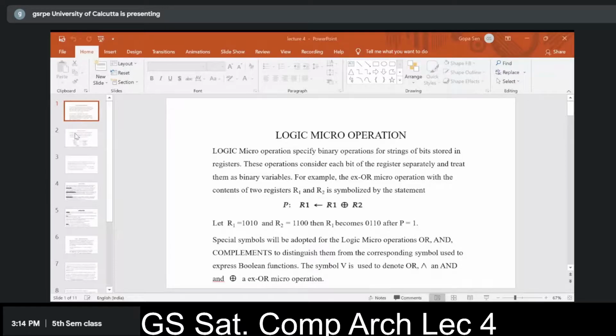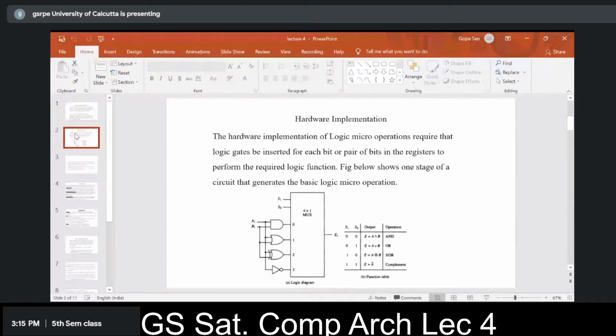Now how will we be able to execute any one of these logic micro operations? So what will be the hardware? Now the hardware implementation of the logic micro operation block requires 4 gates which will be able to perform AND, OR, XOR and complement operations.